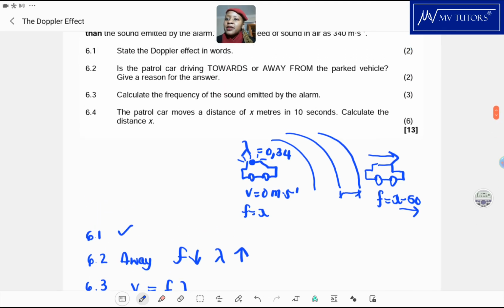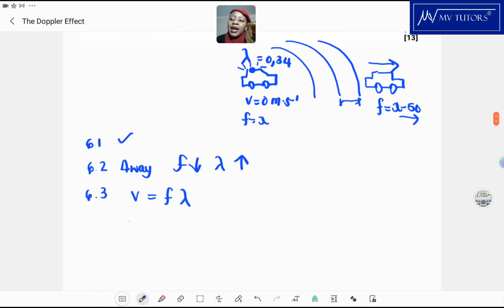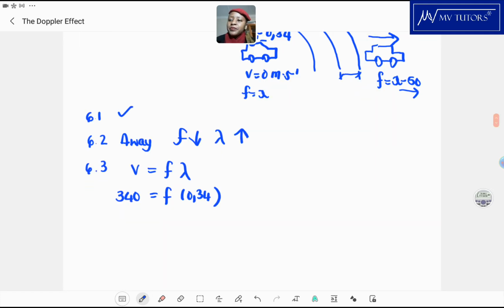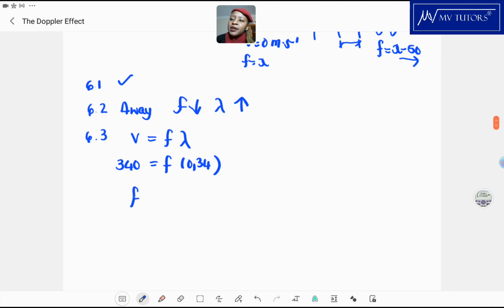It was 0.34. And we have the speed of sound, so 340 meters per second. Frequency is our unknown, and we have 0.34 meters. So our frequency will then be 340 divided by 0.34.